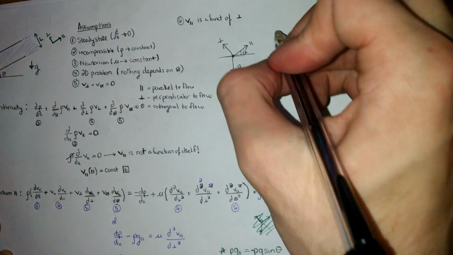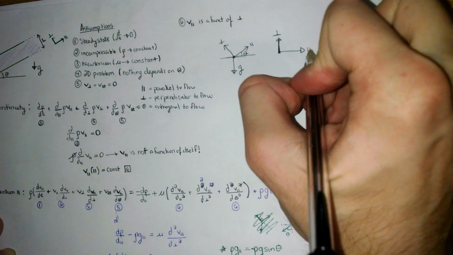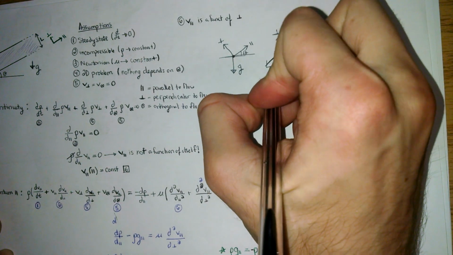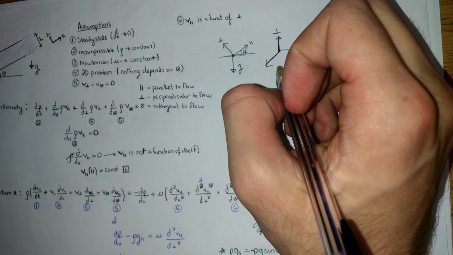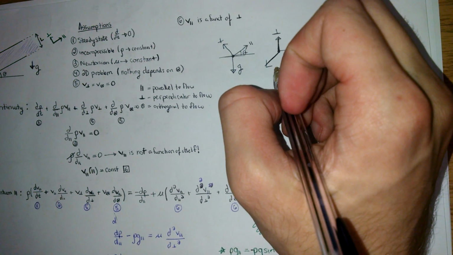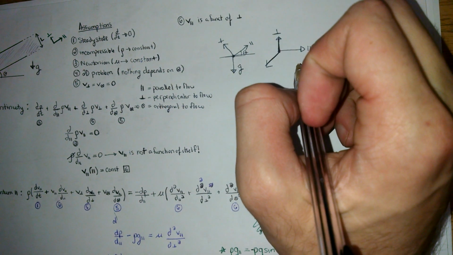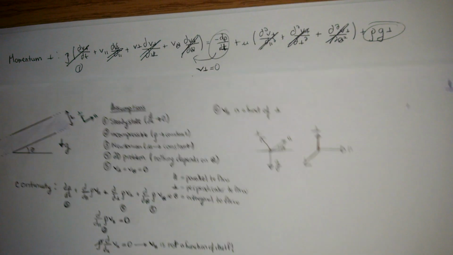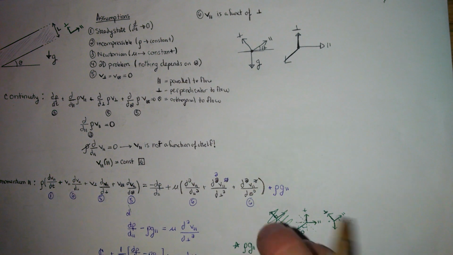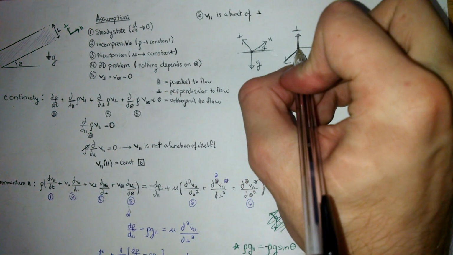If we're going to rotate that coordinate system, as normal, the gravity vector would come down like this, and what we get is, I believe it would just be here.